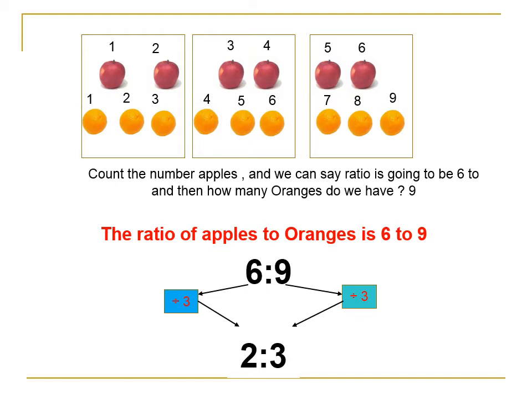So one way to think about it, if you divide this whole total into 3 groups, 1, 2, 3 groups, you'll see that in each of these groups, for every 2 apples, we have 3 oranges. So once again, the ratio of apples to oranges: for every 2 apples, we have 3 oranges.